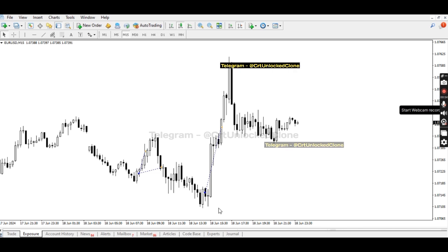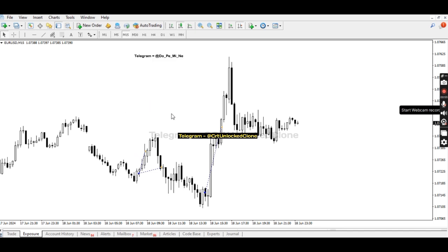Then I waited for another opportunity and took my entry right here at this order block, and rode it till this CRT high right here. And this is how, even though I was somehow wrong here with the timing, I still ended the trade with profits, and then took another trade right here, and these were two of my winning trades for the day, and ended the day in profits.